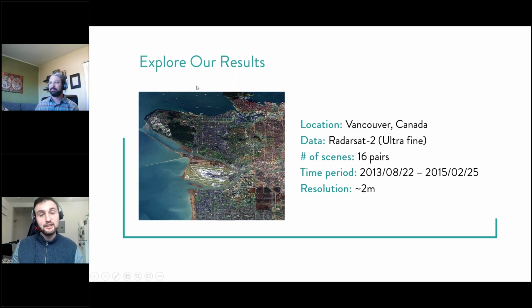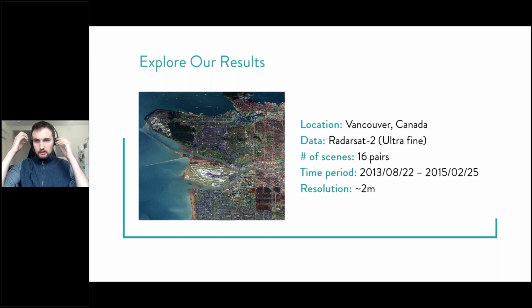Wonderful, thanks, Sean, and hello, everyone. As Sean mentioned, I just want to showcase a quick demonstration of a use case with the PSI workflow, monitoring deformation across the city of Vancouver, Canada, which is a heavily urbanized area. We processed RadarSat-2 imagery, at around 2-meter resolution.